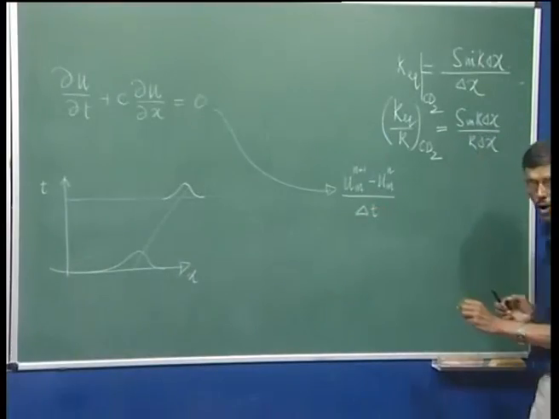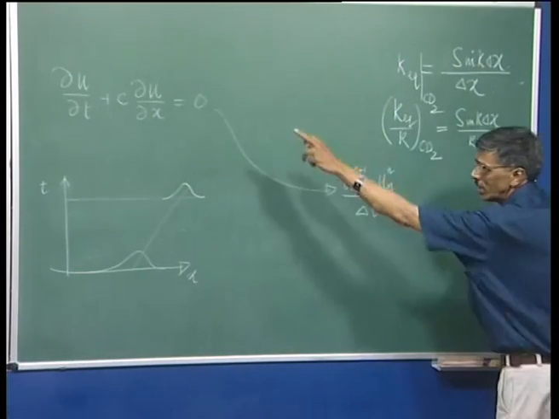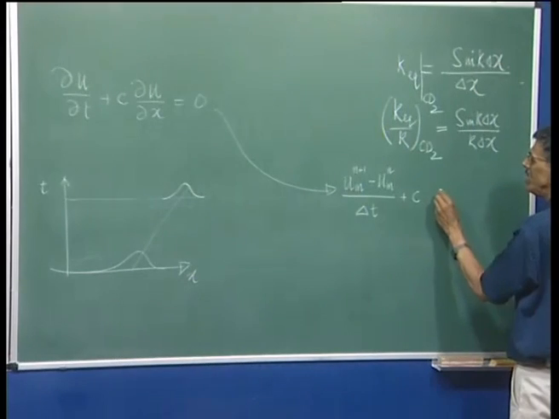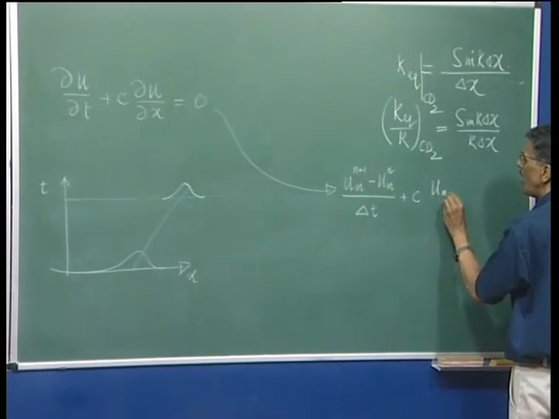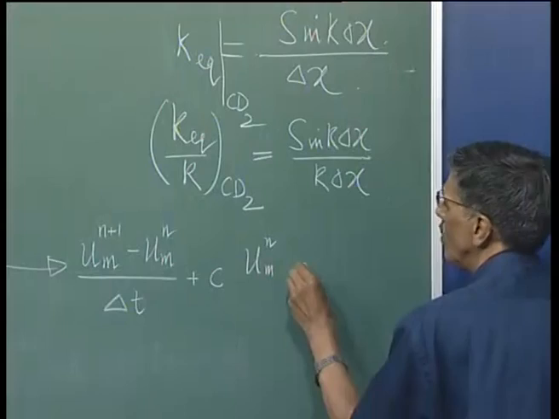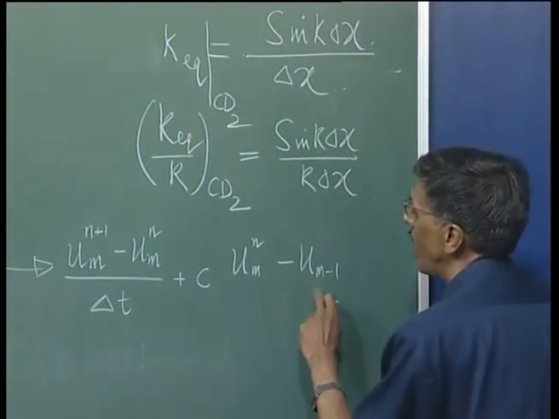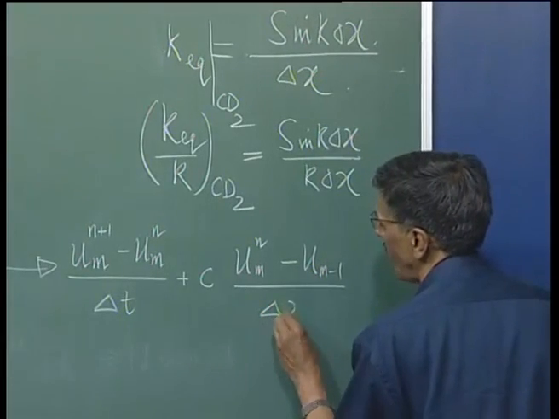So, this is my Euler time integration for the time derivative, and then I will be adding c u m n minus. Now, we are doing first order upwinding, right. So, that is why I am writing it like this.